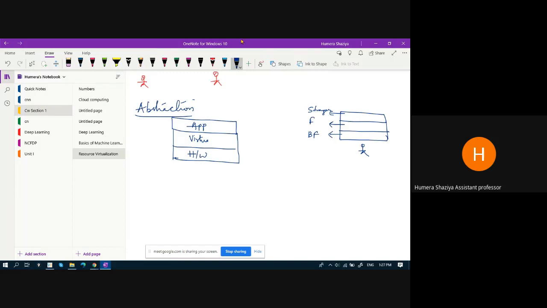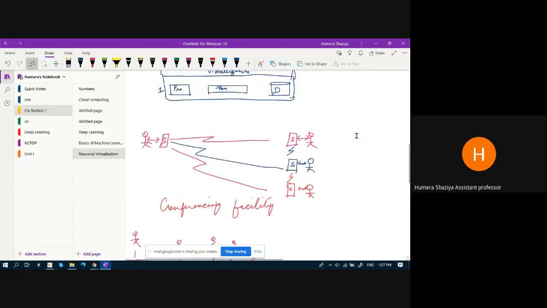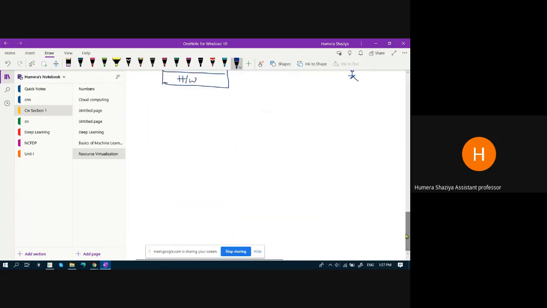If you don't have this conferencing facility, and there is a friends group planning for something, you have to call and inform each one individually. Because of this facility, simultaneously you can interact with everyone, get your points across, and discuss the things with everyone.